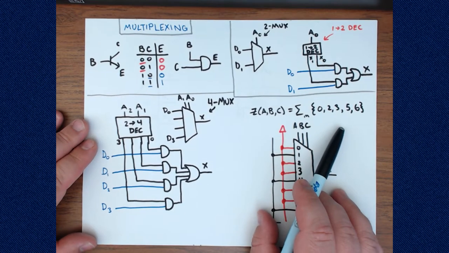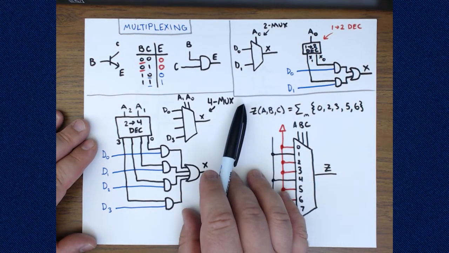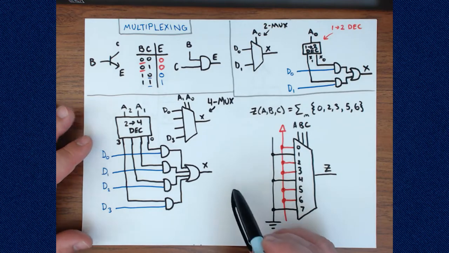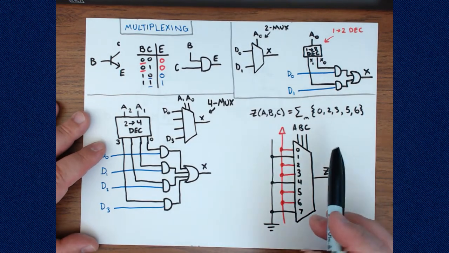Now, one of the most common places that we'll see a multiplexing circuit is when you have lots of different things coming in, like inside of the CPU and the arithmetic logic unit.